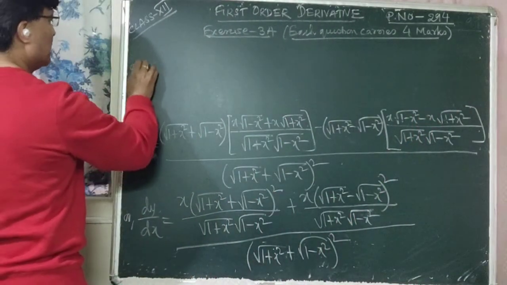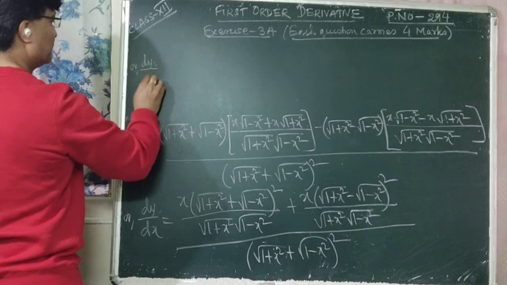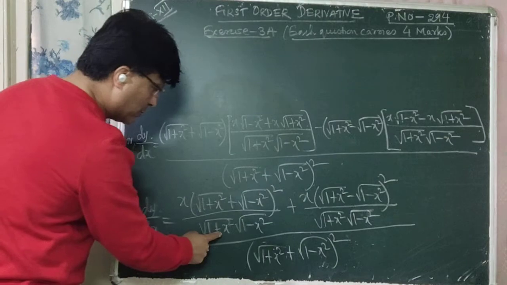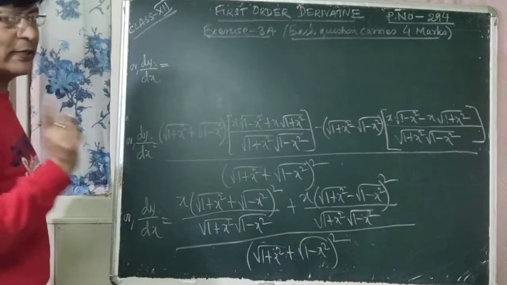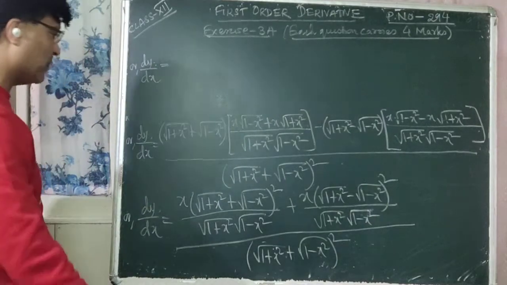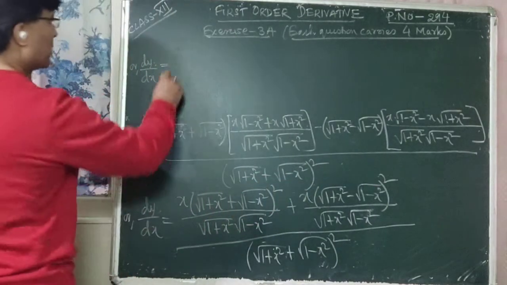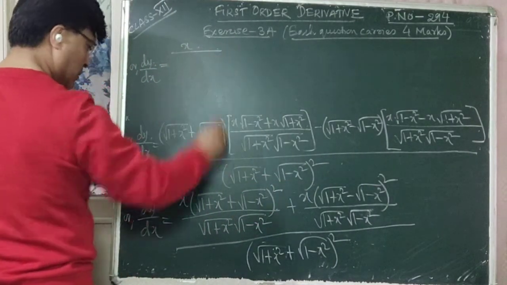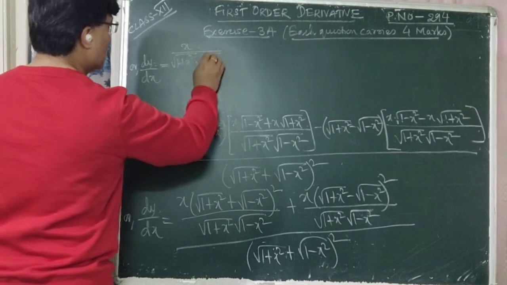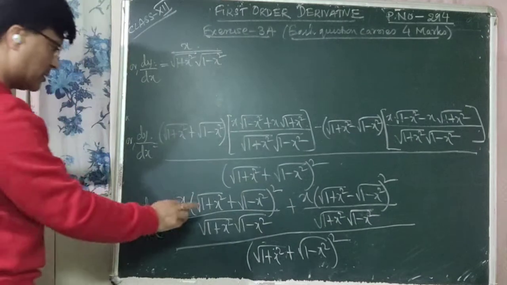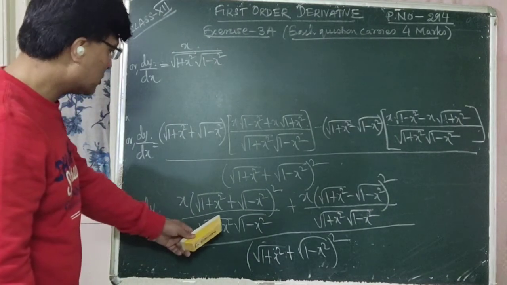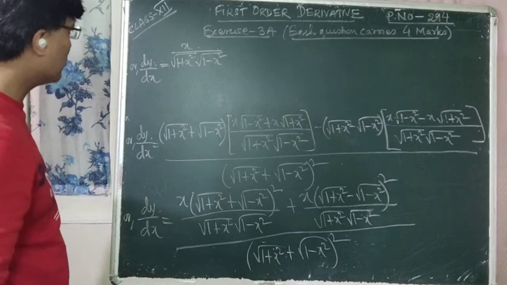So now let us simplify it further. Now dy by dx is equal to, now what's the LCM in the numerator? That is root over 1 plus x square into root over 1 minus x square will be the LCM. And numerator will be these two terms. You can simplify it further. What is common here now? x divided by root over 1 plus x square, root over 1 minus x square is taken common out here, right?